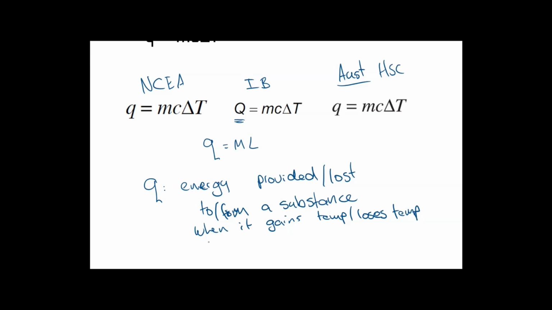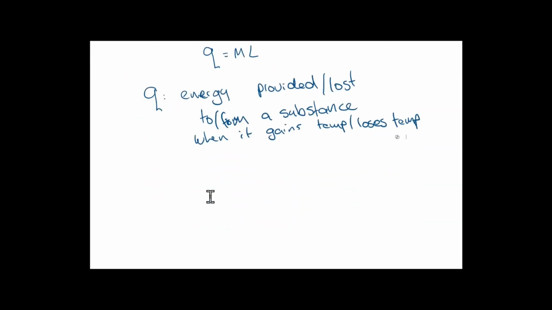So this is energy, so the unit for this is going to be joules, J, or some unit of joules like kilojoules. You might even get megajoules, something like that. The joules and kilojoules are the most commonly used. Kilojoule is 1,000 joules.